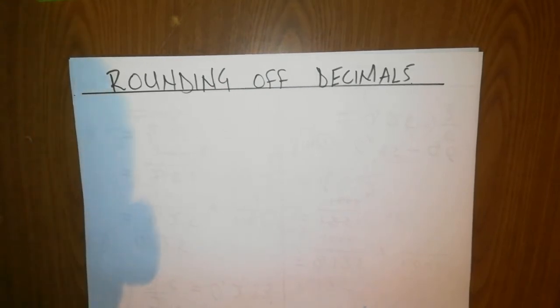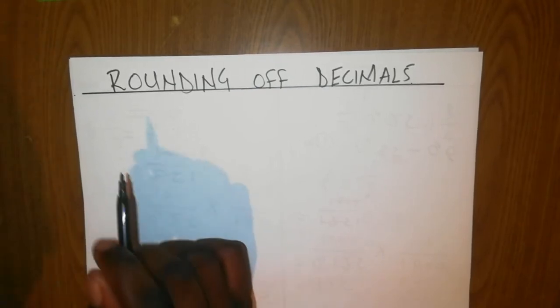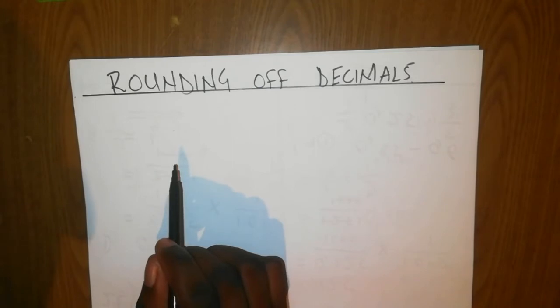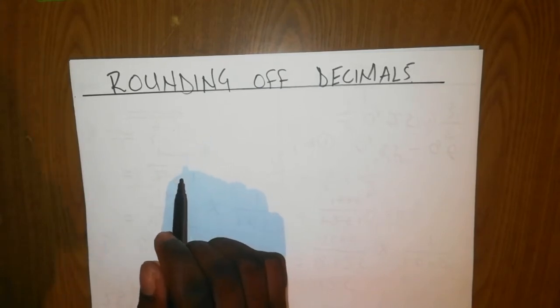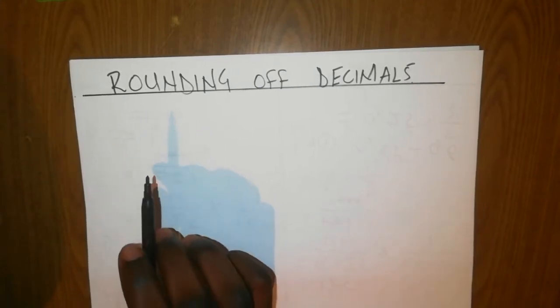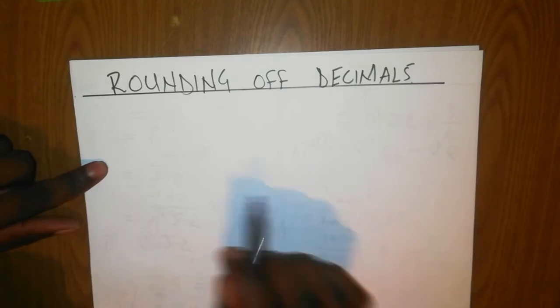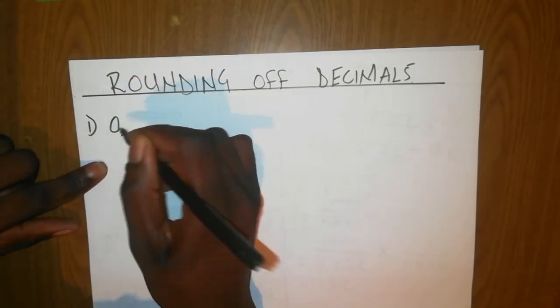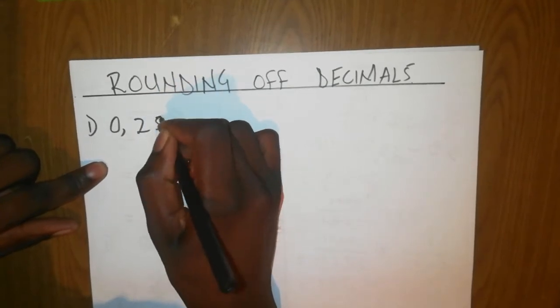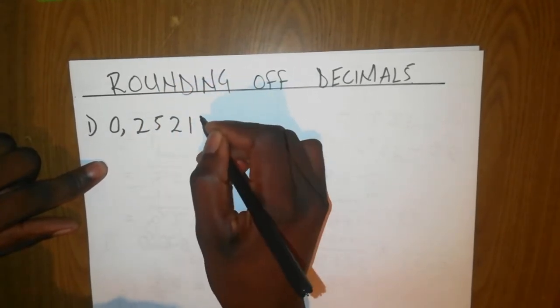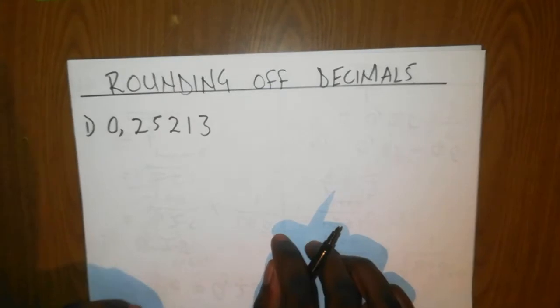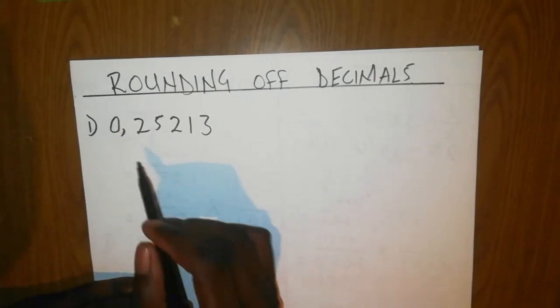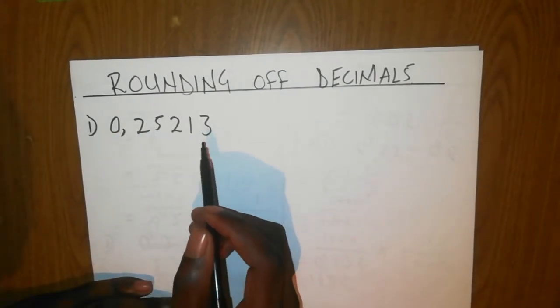First of all, decimal places is the number of numbers that are found after the comma. So I'll give you this first example. Number 1, 0.25213.